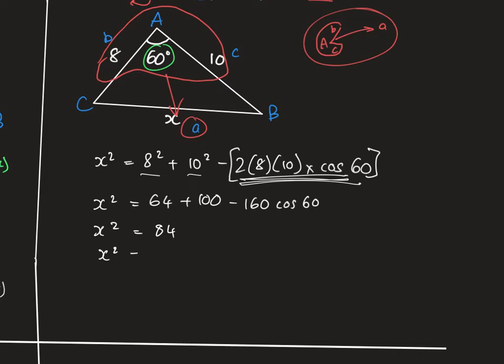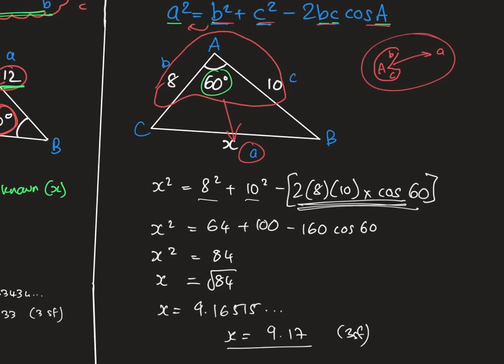If I want to get my x, all I have to do is square root the 84. The answer is x equals 9.16515..., which rounds to 9.17 to 3 significant figures.